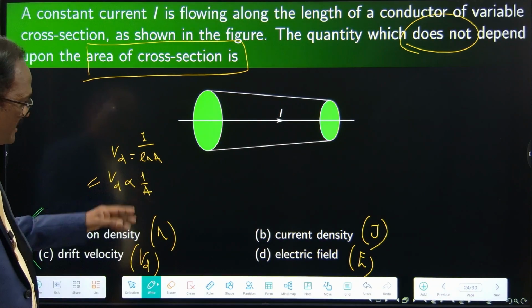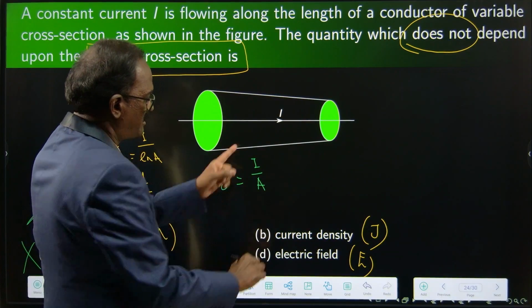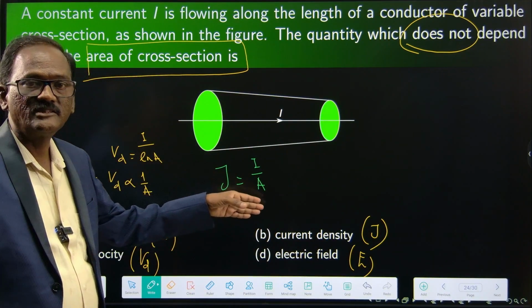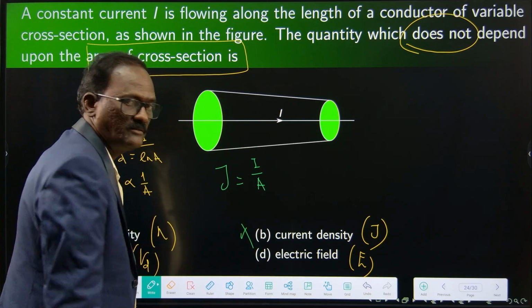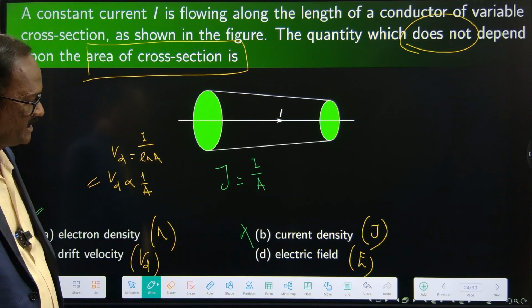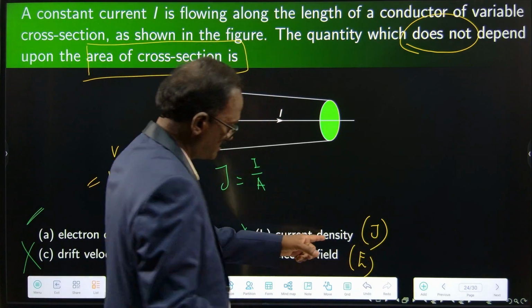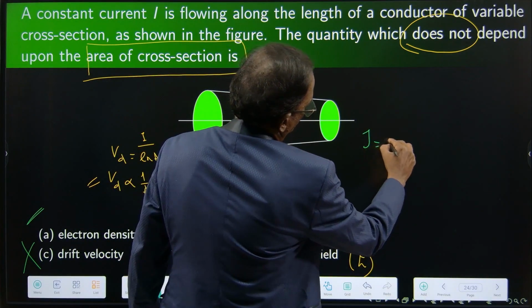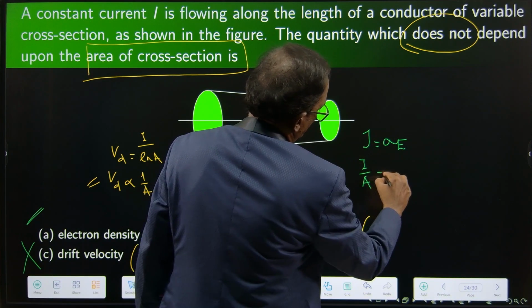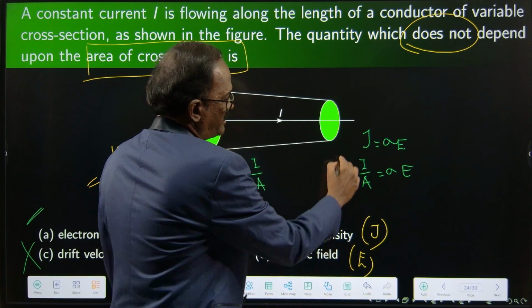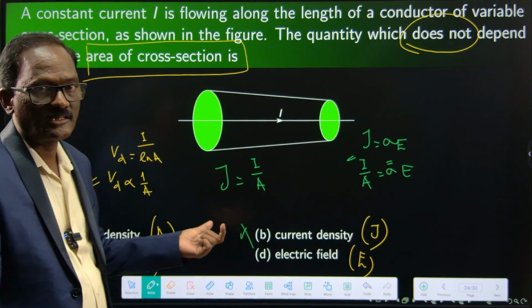J is equal to I by A. I is constant, so J is inversely proportional to A, right? Area is changing, so J must change. Electric field E, we will check this answer also. J is equal to sigma E. J is equal to I by A, sigma E. I is constant, sigma is also constant, material dependent, conductivity.